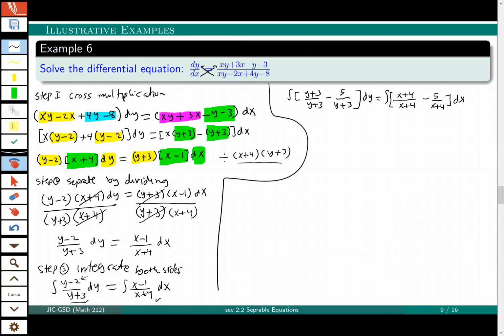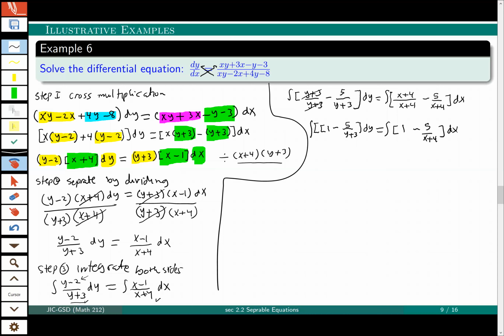It is to cancel out y plus 3 here with y plus 3, and you will end up with 1 minus 5 over y plus 3 dy. Same thing here. You will end up with 1 minus 5 over x plus 4 dx.